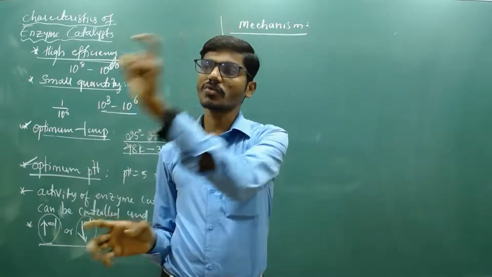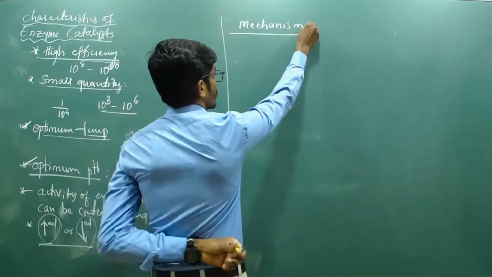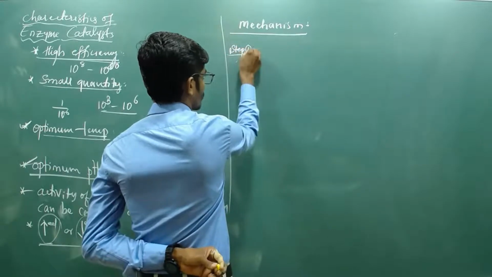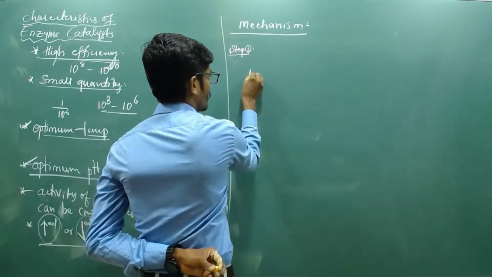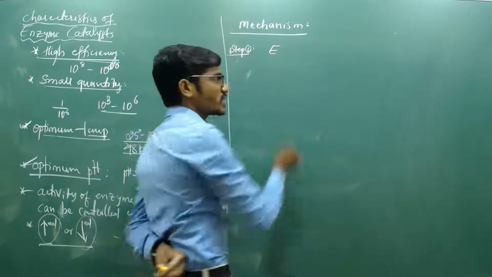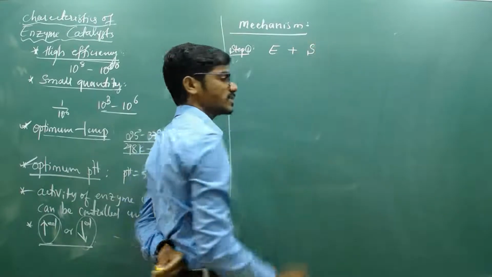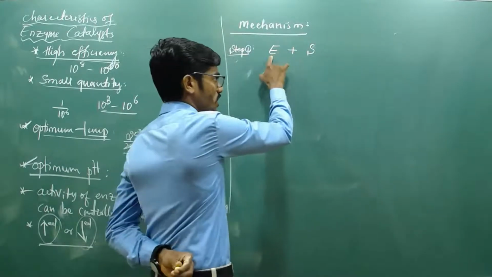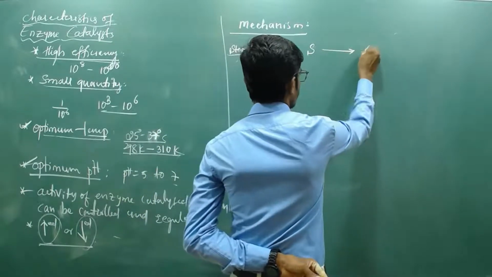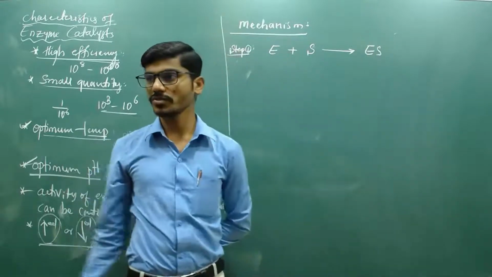So reactants are converted into product. The mechanism involves two steps. In step one, in simple form, enzyme E combines with the reactant, called the substrate, which gives rise to the enzyme substrate complex.